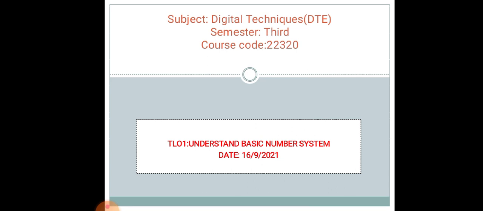As yesterday I told you, we are going to learn the hardware part of the digital system. The main purpose or main operation of the hardware part of the system is to convert all assembly level language into machine level language.